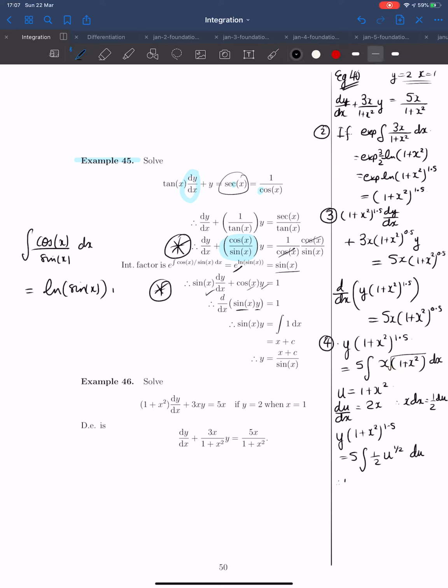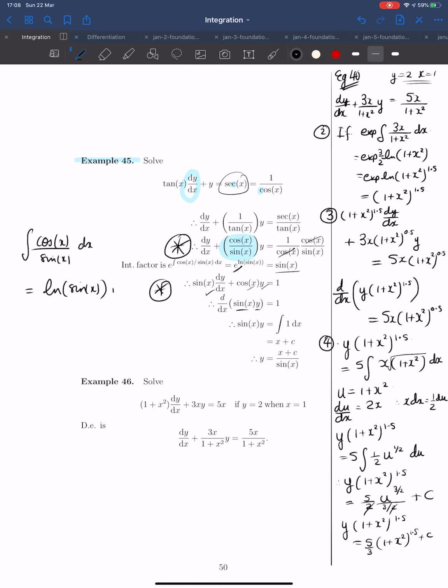So therefore y times 1 plus x squared to the 1.5 is 5 over 2, add 1 to the power, divide by the new power, plus c. That 2 will cancel with that 2. So y times 1 plus x squared to the power 1.5 is 5 over 3, 1 plus x squared to the 1.5 plus c.